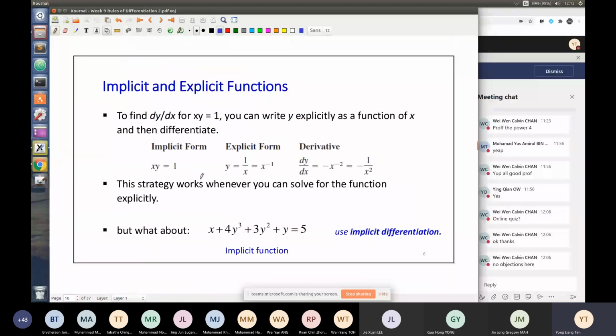Before we look into implicit differentiation, some of you may argue that if you have the implicit form, you can always rewrite into the explicit form and then differentiate directly. Although that is true if you can do this transformation, if you can't, then we have to use implicit differentiation.